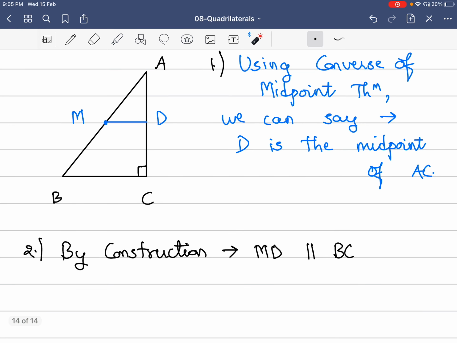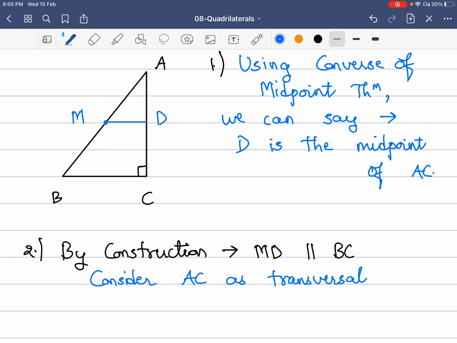Now, if these two lines are parallel to each other, consider AC as a transversal for these two parallel lines MD and BC. In that case, note that this angle will be equal to this angle because they are corresponding angles.